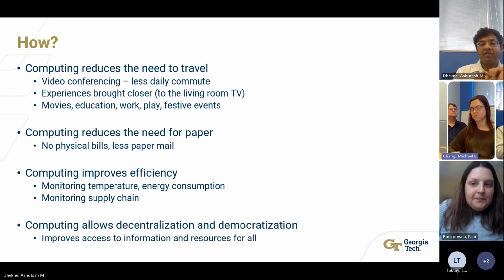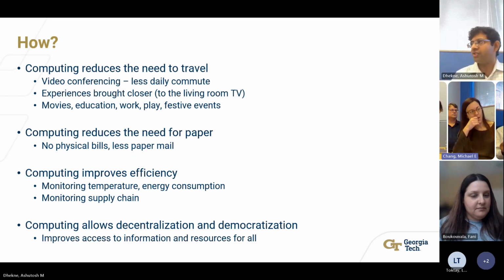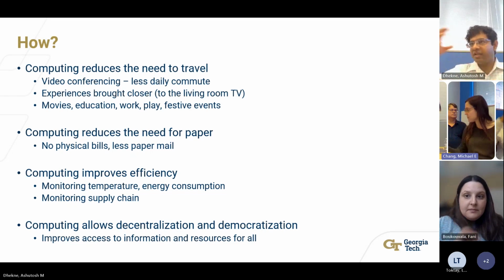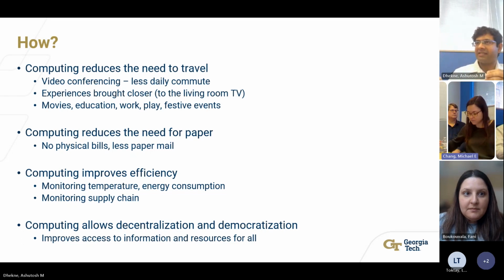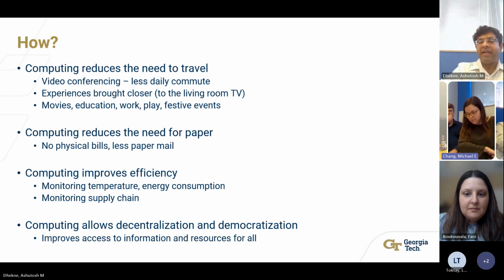But I'll give you another nice example, which I did not put in the slides, of how it improves efficiency. It is due to the existence of the computing industry and GPS in particular that we can actually travel much faster on our highways now than we could previously, because we are guided much better by GPS than by the boards on top of the road, which means every vehicle that is making these trips is actually running more efficiently now.